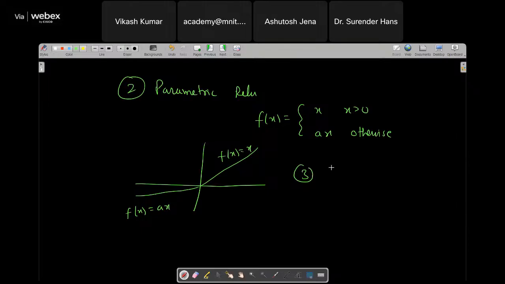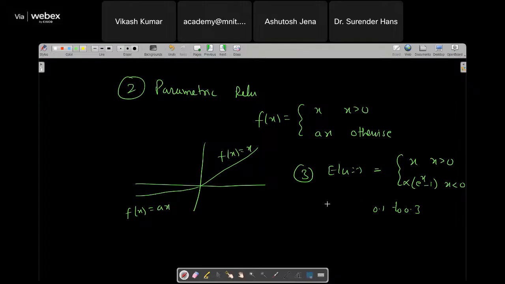Now the third one is the ELU. ELU is x if x is greater than 0, and alpha times (e to the power x minus 1) if x is less than 0, where alpha is a constant. Generally the value of alpha is between 0.1 and 0.3.